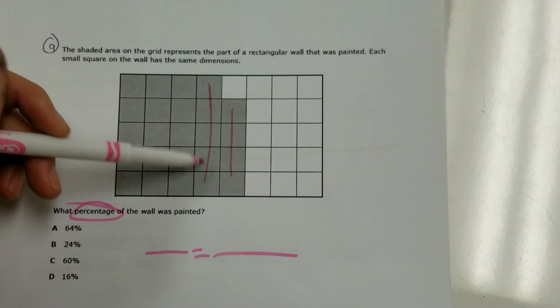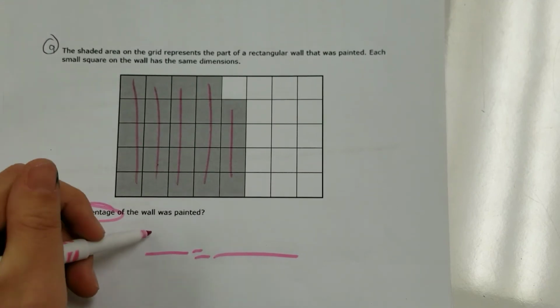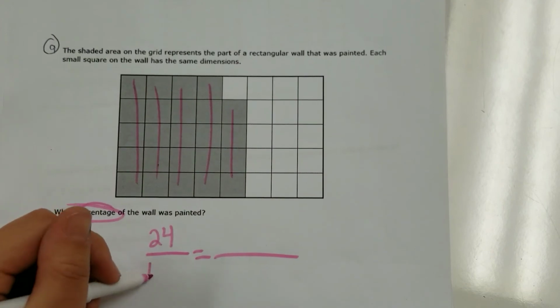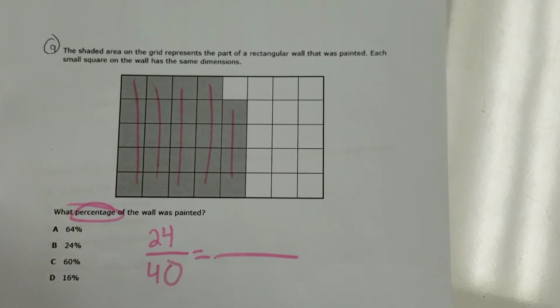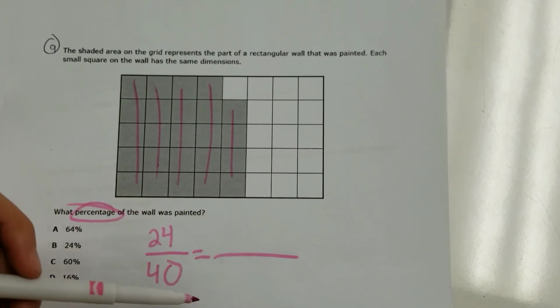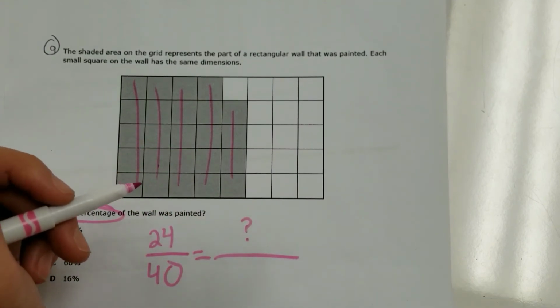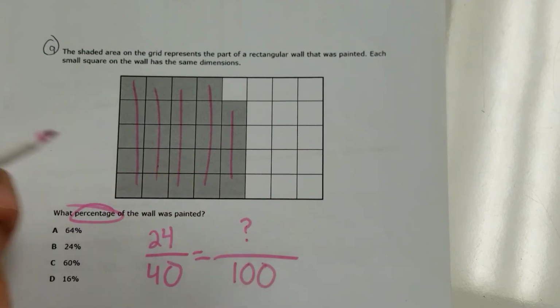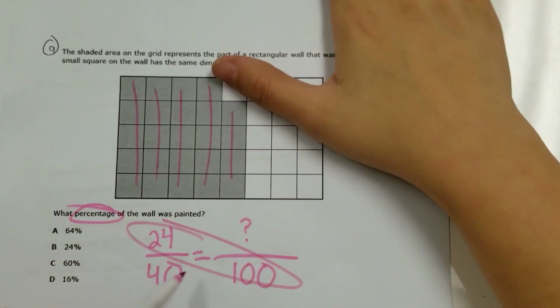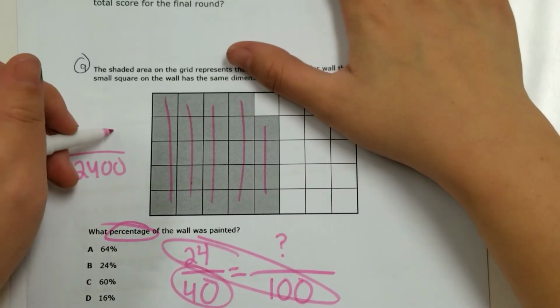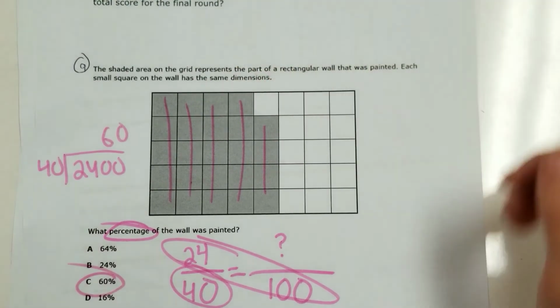Well, my part here is 24 blocks. The whole thing is 40. And then I know it's percent over 100, but I don't know my percent. But I know that percents are always out of 100. From here, I can just cross multiply and divide. And you should have gotten 60.